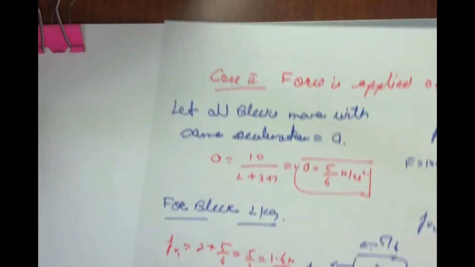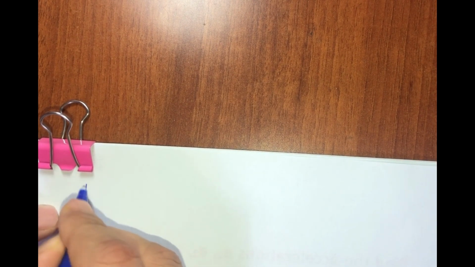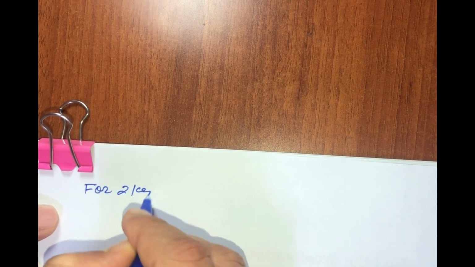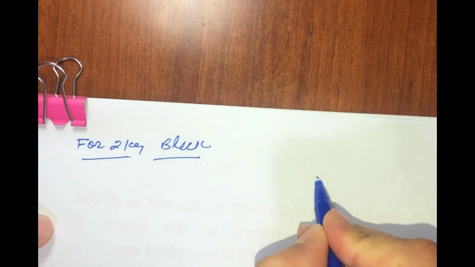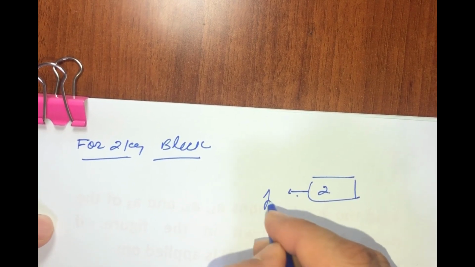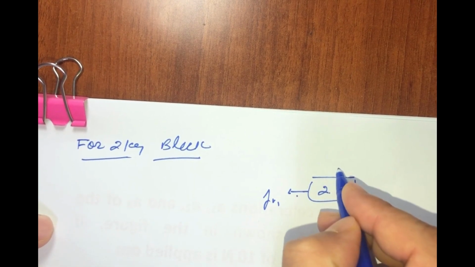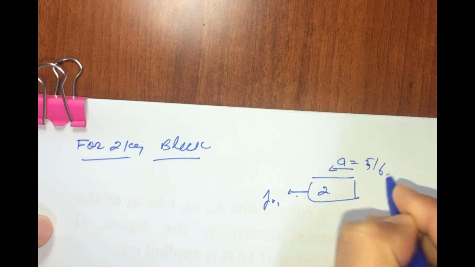Now let us find out whether friction is going to support this value of acceleration or not. So let us consider the 2 kg block. We have 2 kg and a friction force of Fr1 is being applied on it, and it is moving with acceleration A, which is given as 5/6.